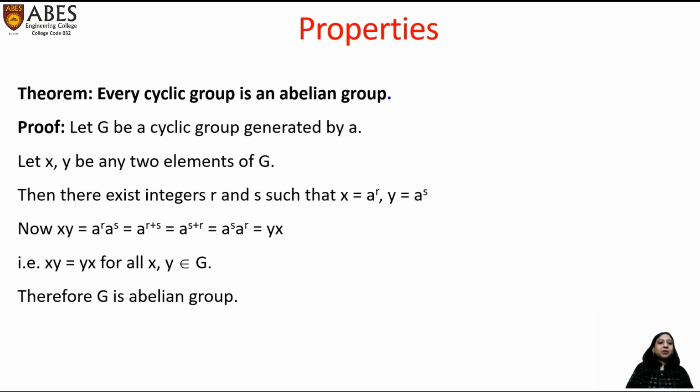If the bases are the same, then the powers will be added. It will become A raised to the power s plus r. And A raised to the power s plus r can be further split into A raised to the power s, A raised to the power r, which is equal to yx. Hence, xy is equal to yx. It is following the property of commutativity. Hence, we can say that x and y belong to G. Therefore, G is an abelian group.